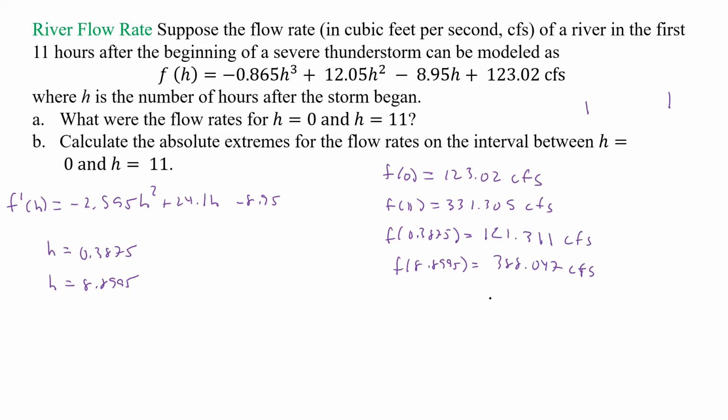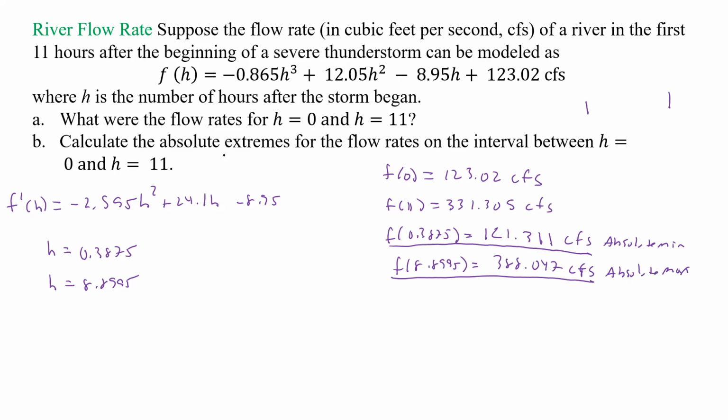So where is the minimum? At 123, 121. So this one is going to be our absolute minimum. And the max, 388, is going to be this one, our absolute max.